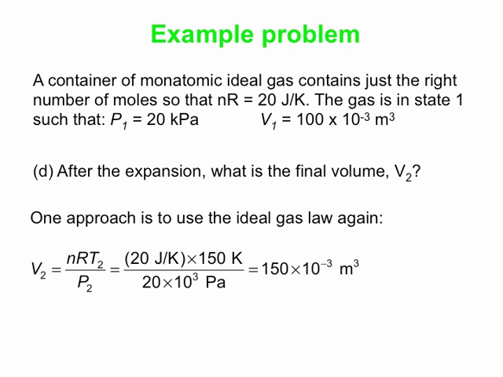Arranging the ideal gas law to solve for volume, volume is nRT over P. nR is 20 joules per Kelvin, T is 150 Kelvin, P is 20 kilopascals. Of course the pressure stayed the same, so P2 is the same as P1. You do the math and you get a 50% larger volume than what you started with, 150 times 10 to the minus 3 cubic meters.